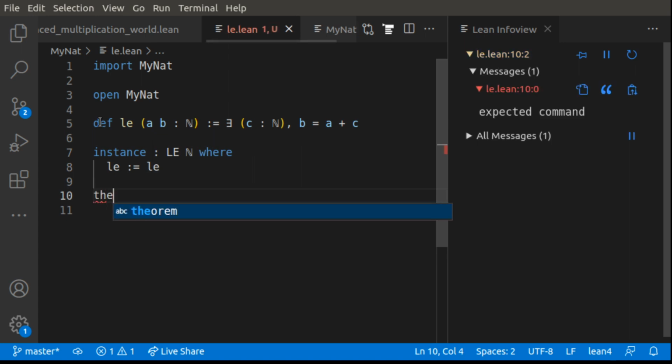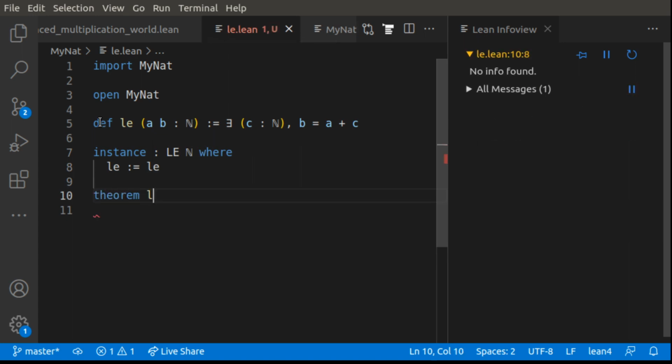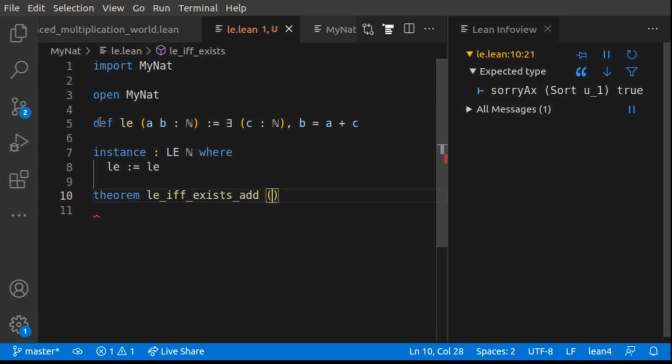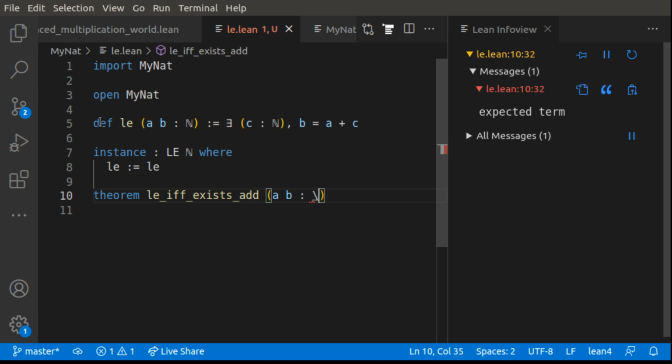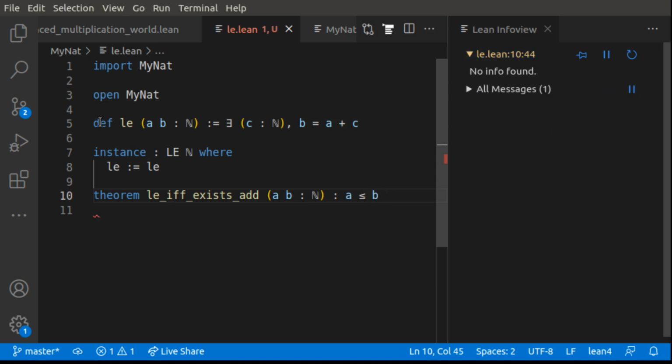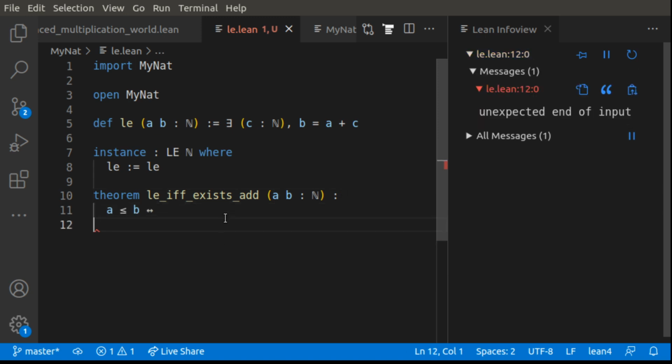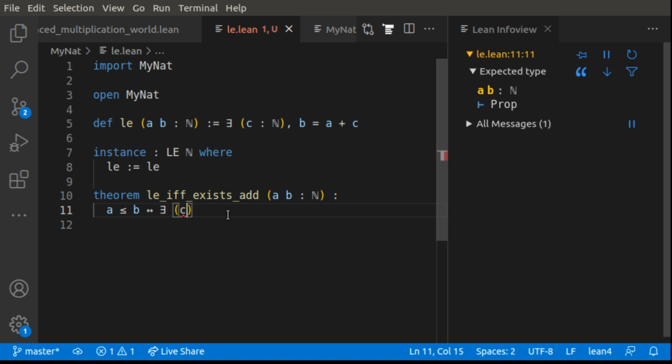And that lets us have a new theorem: less than or equal if and only if exists add, for a, b natural numbers. That says a less than or equal to b if and only if there exists c in N such that b equals a plus c.